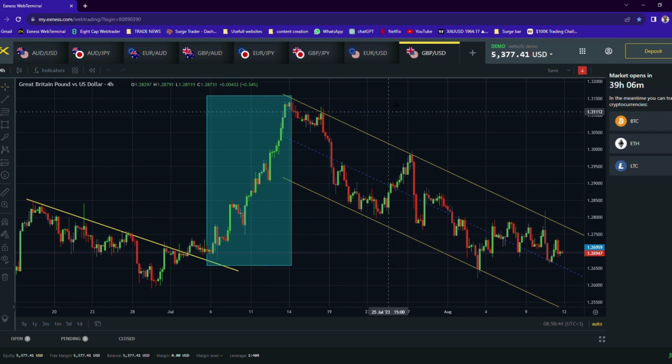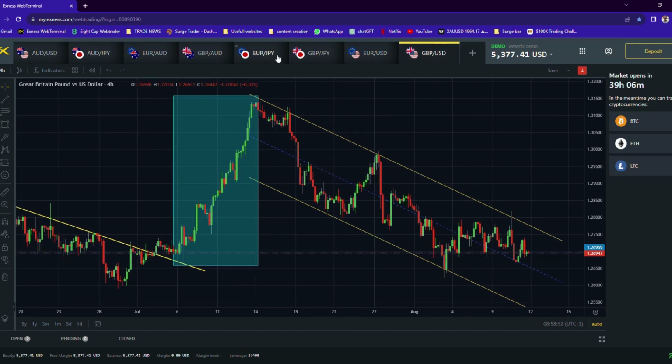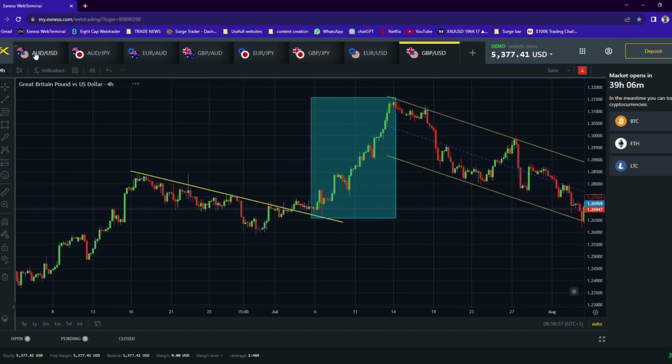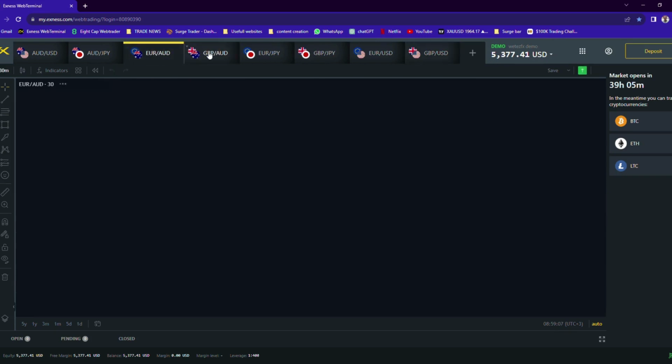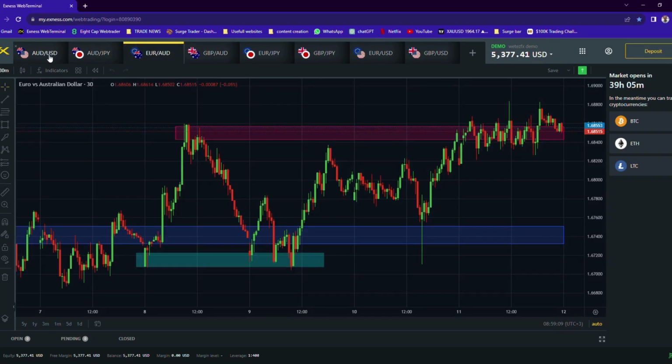You always have a similar market structure on Euro JPY and GBP JPY, and similar market structure on AUD USD, AUD JPY, Euro AUD, and GBP AUD. But for these two, GBP AUD and Euro AUD, they have a negative correlation with AUD USD, which means every time AUD USD is in a bearish trend, they will go for a bullish trend. So this has a twist on them.